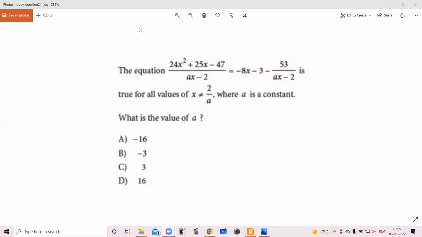It is true for all values of x. So if it's true for all values of x, why not make x a number? Because we don't have to calculate x, we have to calculate a. That makes sense.